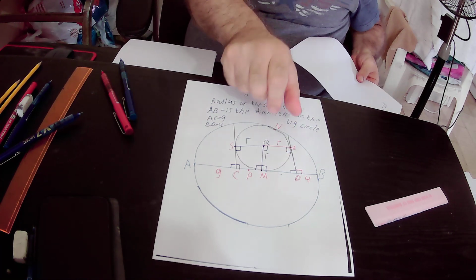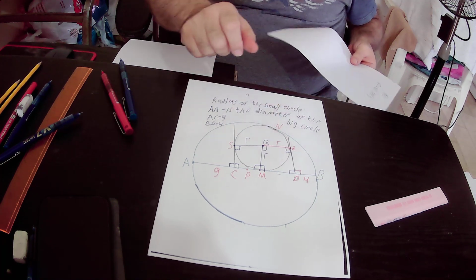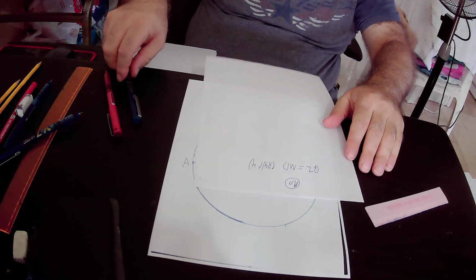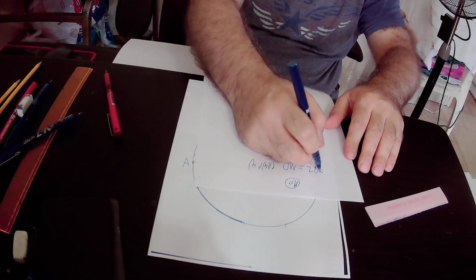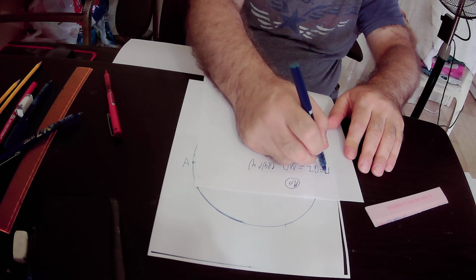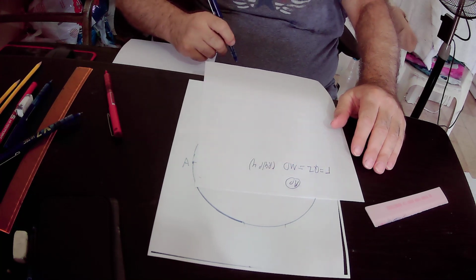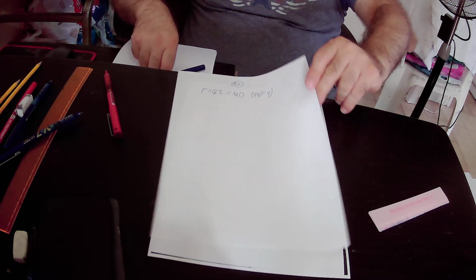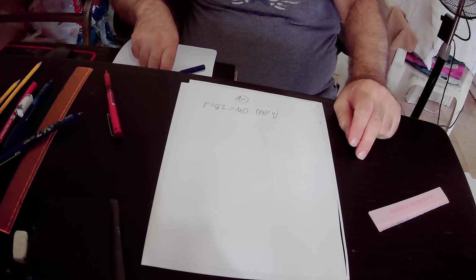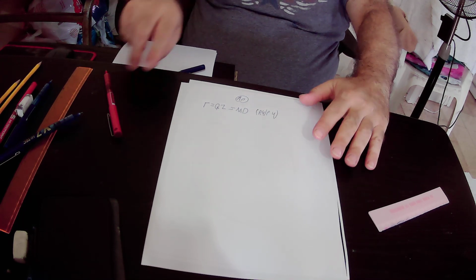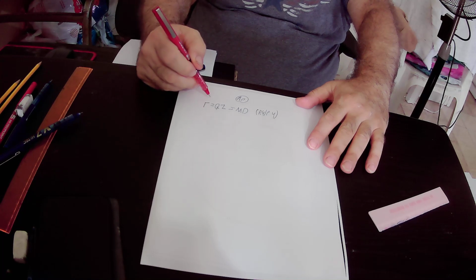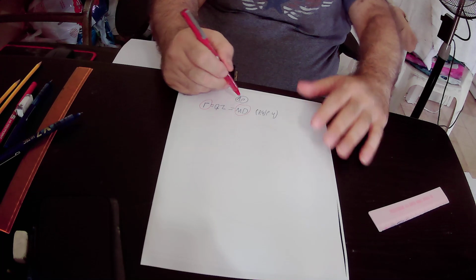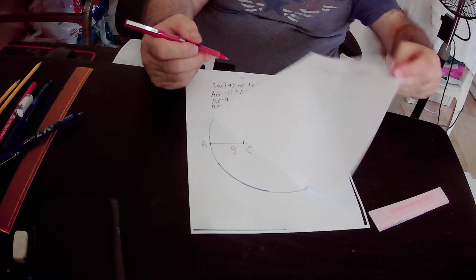But QZ is defined as a radius, so QZ equals small r. QZ is the radius of the small circle. So we got this equality that r equals QZ equals MD, so we can derive from this equality that r equals MD.